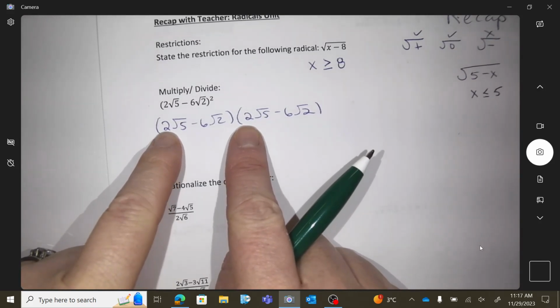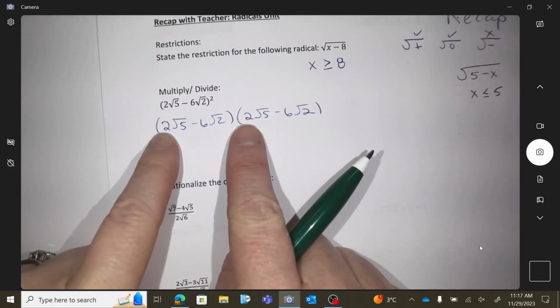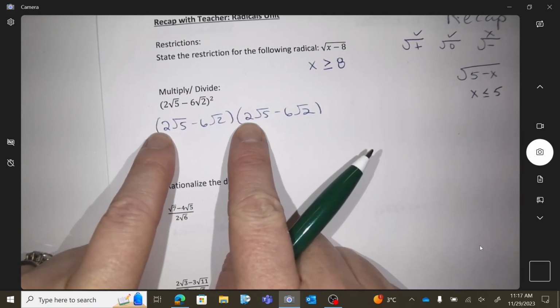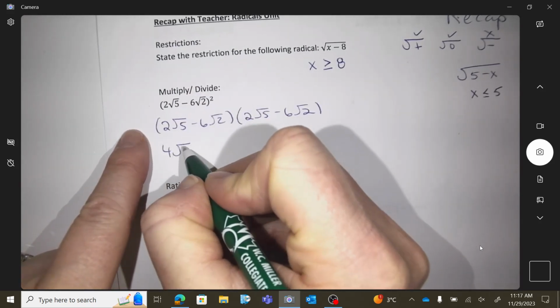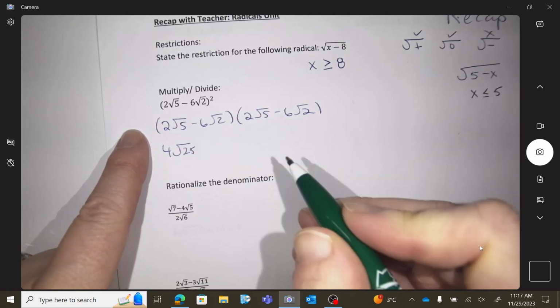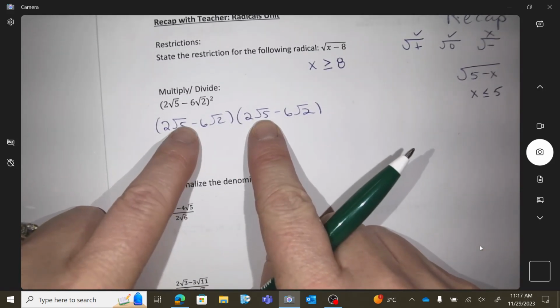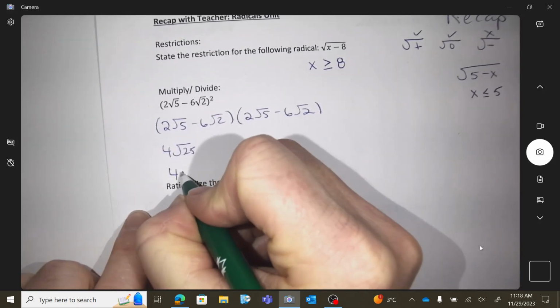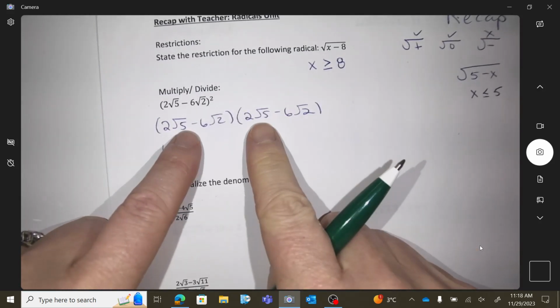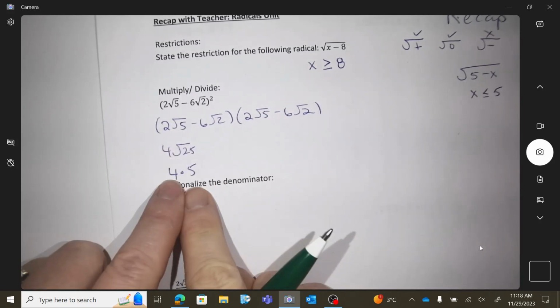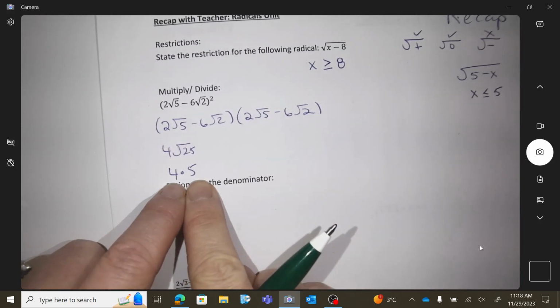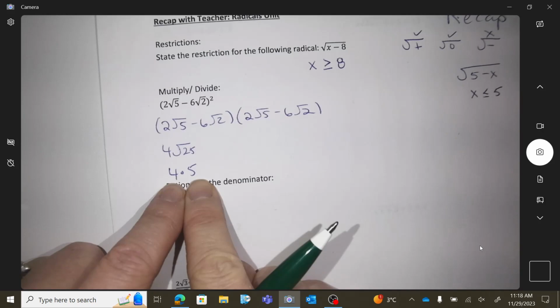So first times first, and again we're doing the whole number part, the radical part. First times first is 4 root 25. Some of you might be at a stage where you're just like root 5 just makes a 5. If you're jumping to that stage, that's fine.